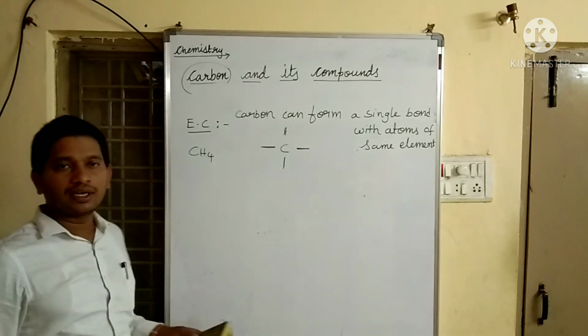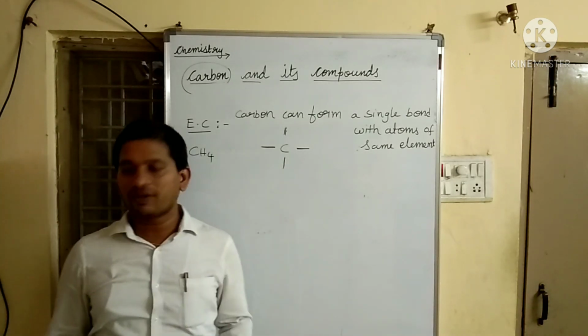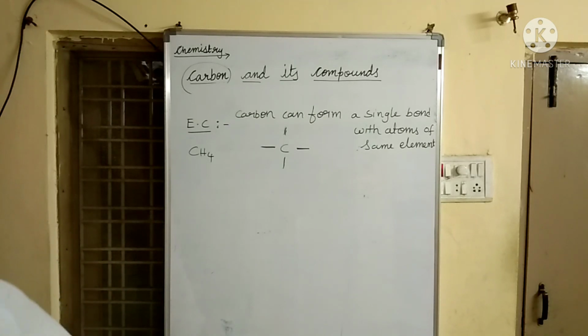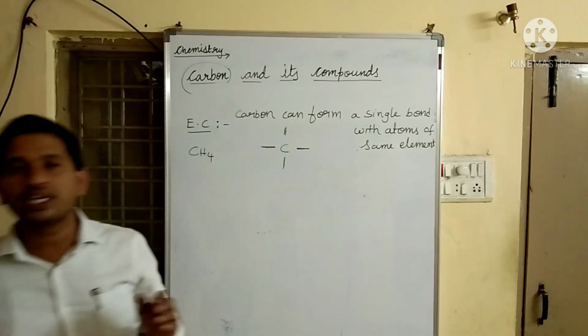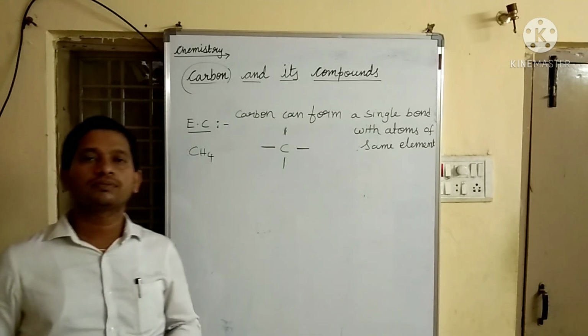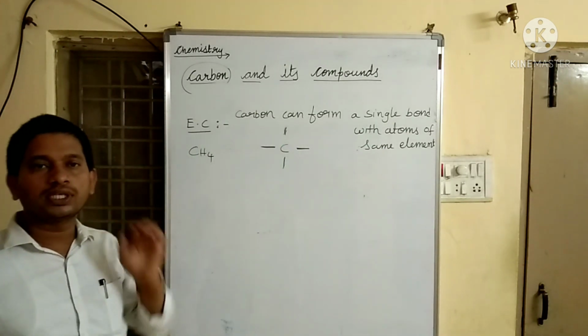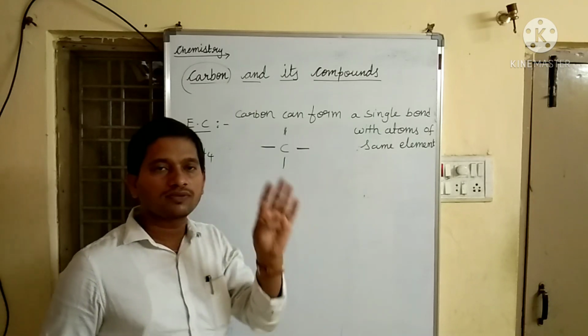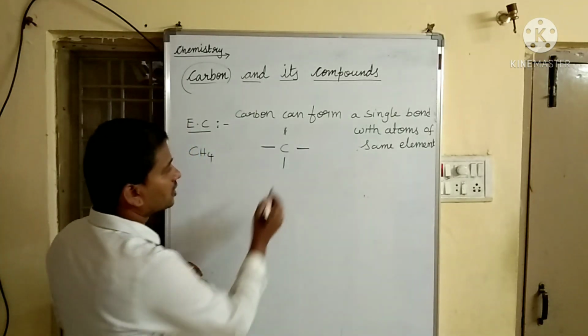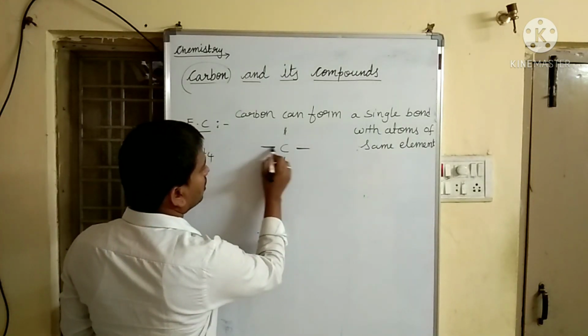Carbon has to satisfy its tetravalency. What is the meaning of tetravalency? Tetravalency means carbon has to satisfy its valency by sharing electrons with other atoms. See, in the outermost shell, carbon has 4 electrons, right? So this is 1, 2, 3, 4.